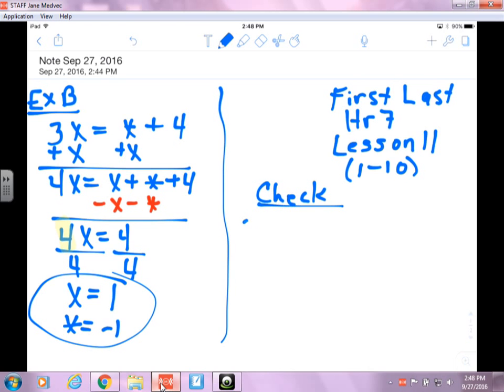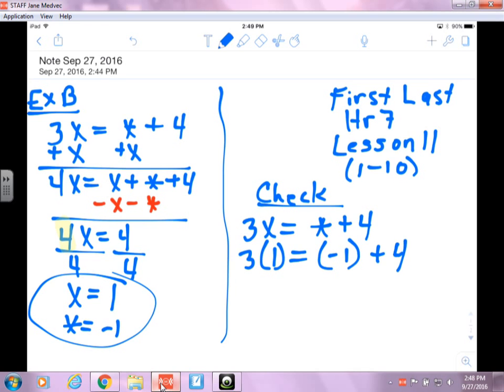I write the original problem, 3x equals star plus 4. I take out the x and put in the 1. Take out the star, put in -1. And I do what I've done before. 3 equals 3, and it's a check. Any questions on this?